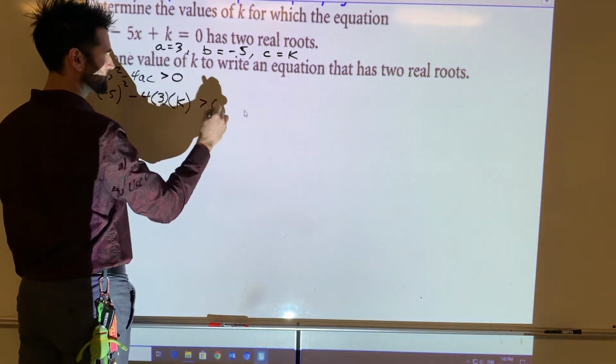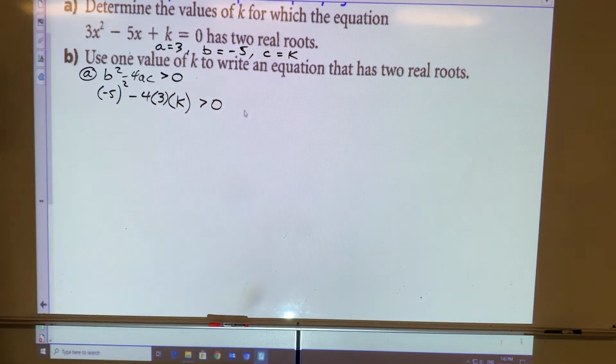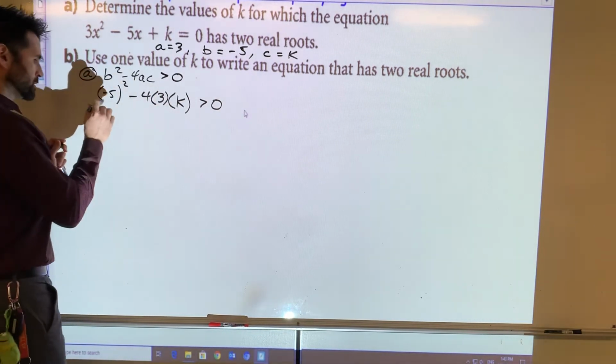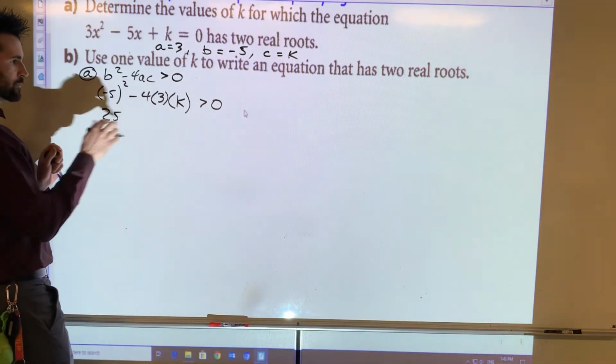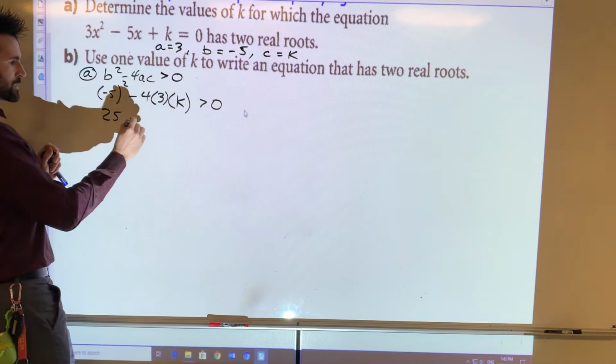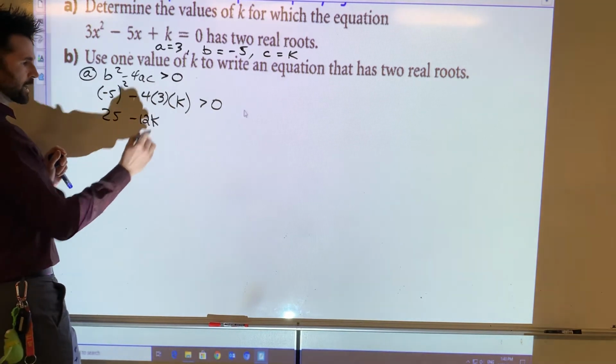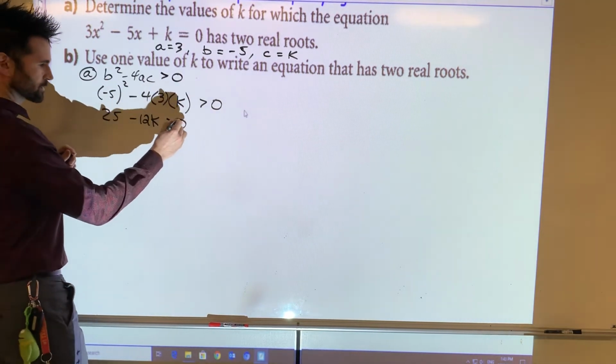And that needs to be greater than 0. So I have an inequality with one unknown. Can I solve it? Yes, because I've got one unknown. So, square -5, you get 25. -4 times 3 is -12k. That needs to be greater than 0.